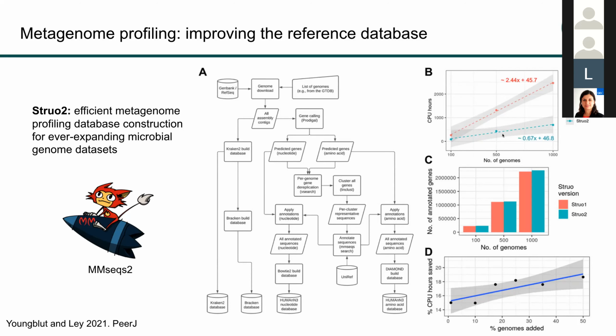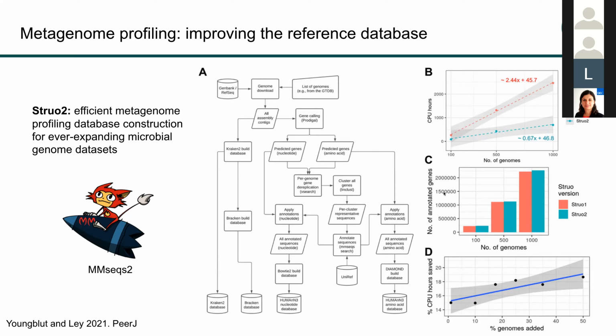This is checking the scaling of both approaches, Struo 1 in red and Struo 2 in blue. For the number of genomes, you can see the CPU hours needed is a lot less for Struo 2 versus Struo.